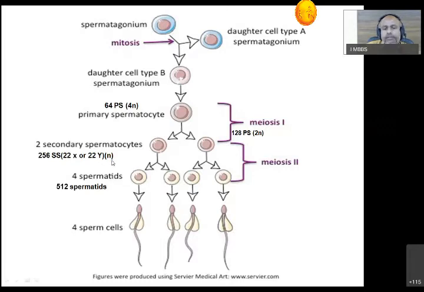The 22Y further divides into two, with half the number of chromosomes, 22Y; those are called androsperms, and 22X are called gynosperms, which will form the gyno, that is female, and these Y androsperms form the andro, that is male, after fertilization of the egg. These are the structures that are released in the lumen of the seminiferous tubules.